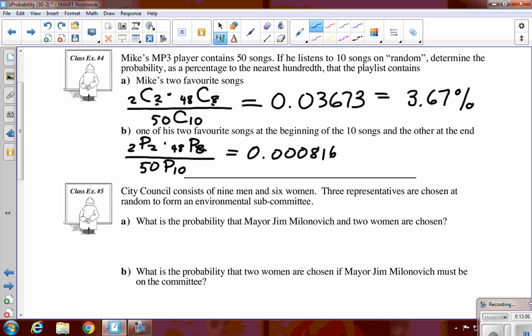Did you get this, Mackenzie? Oh, wait. It doesn't matter. You're getting e to the negative whatever, right? How do you find a percent? You always times by 100. What's that times by 100? So 0.08%. So that's very slim that these songs will come out exactly how he wants it to go.